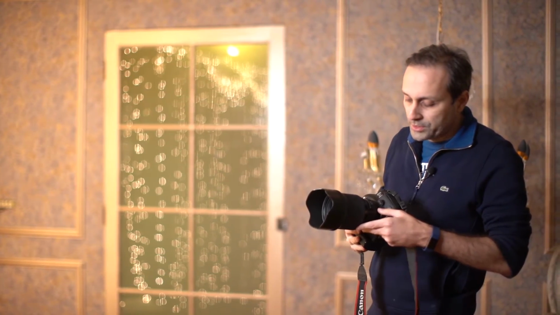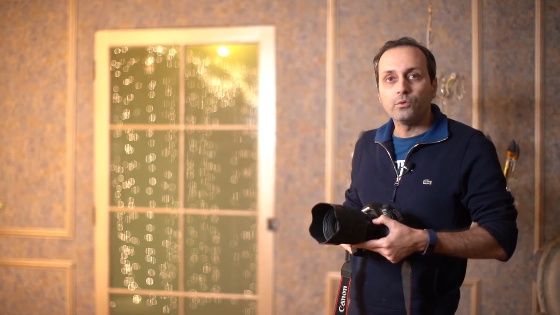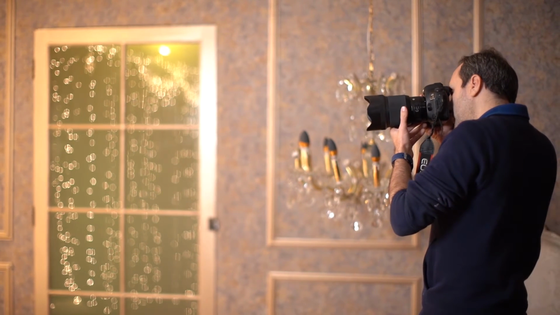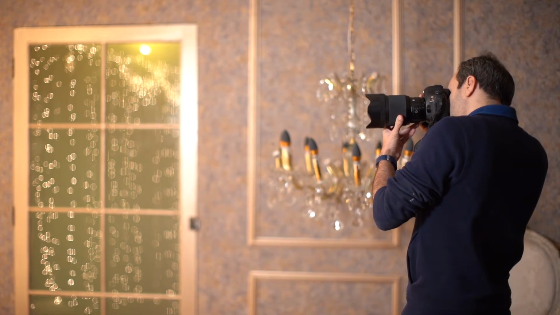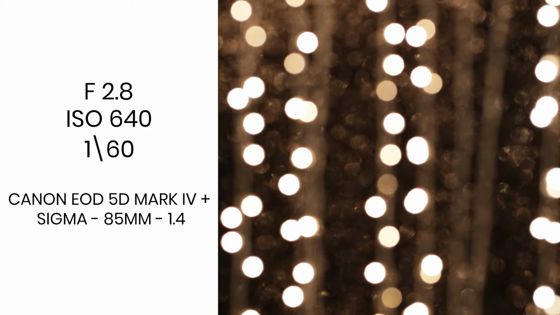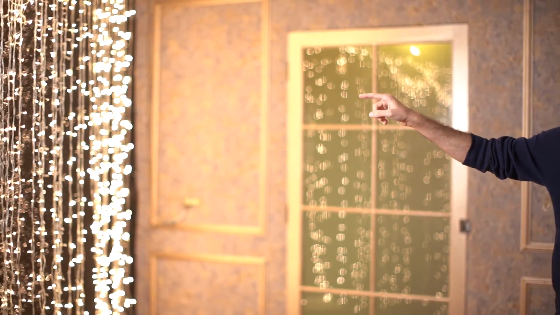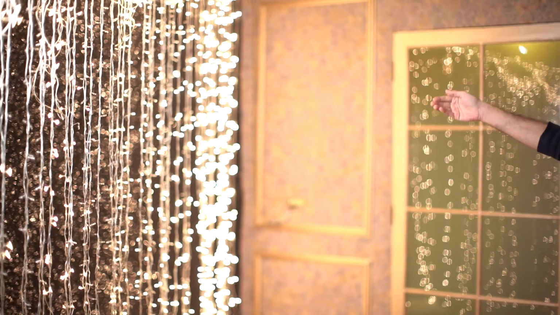So what we're going to do is take the autofocus to manual focus, and then manually create the shot which is out of focus. Now if we look at this shot, we're getting these bokeh, but if you can see this backdrop behind these lights, that's a bit shiny.